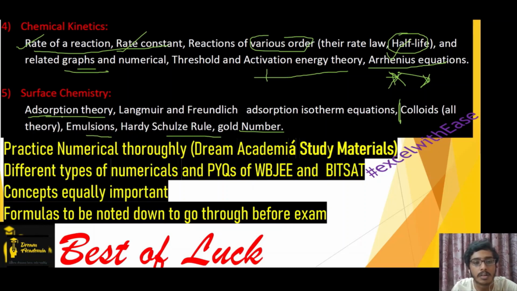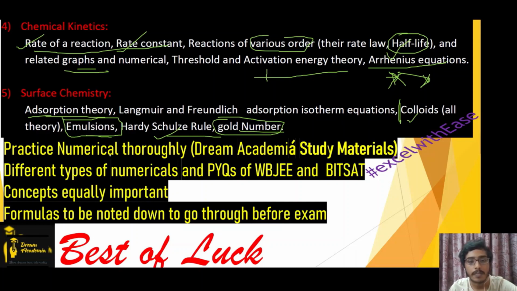For emulsions, you only need to know the definition and example, and for gold number you should know the definition. That is very important. And for the Langmuir curve, you must know the nature of the curve. And mostly from here, questions are formed either from your Hardy-Schulze rule or from colloids, right?